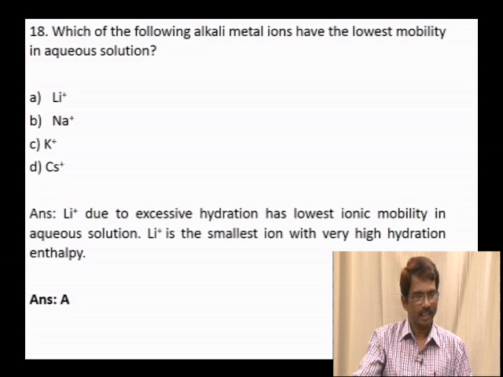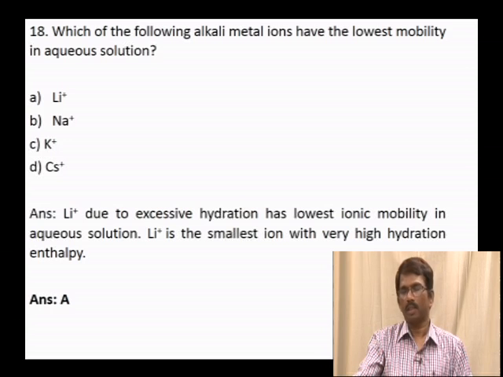Coming to question number 18, which of the following alkali metal ions will have the lowest mobility in aqueous solution? The options are Li+, Na+, K+ and Cs+. So the Li+ ion, due to extensive hydration, has the lowest ionic mobility.